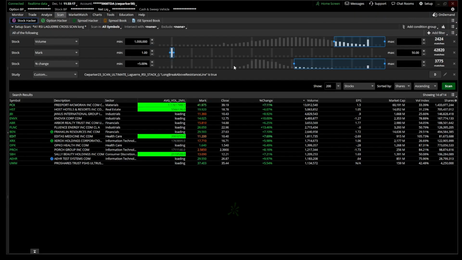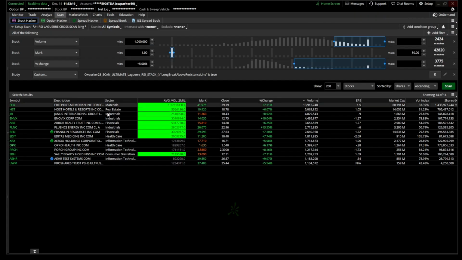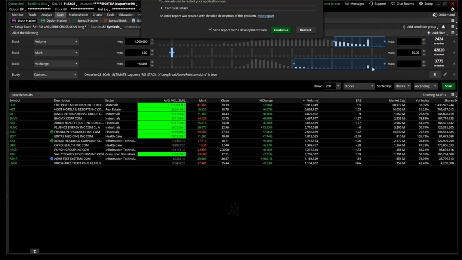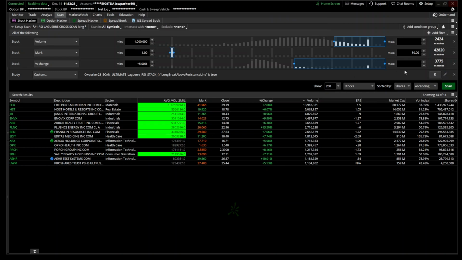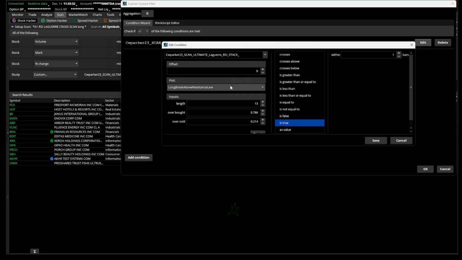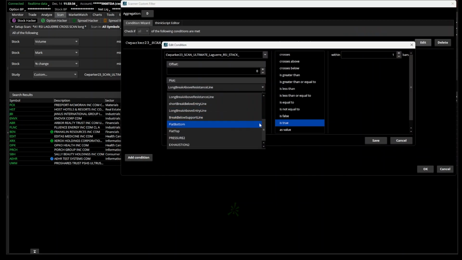So we can go back to the scanner. These are all things that have broken above the resistance lines. We can go back to, let's say, there we go. This is everything that's in here that you can scan for.